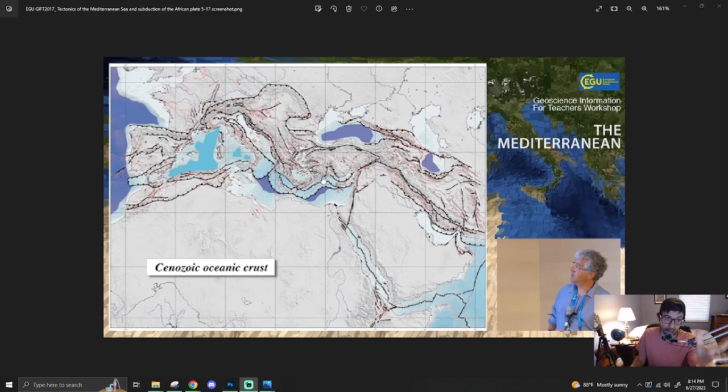The effects get so turbulent as to actually create ocean crust at that time, and then it kind of expands backward and through the Mediterranean.